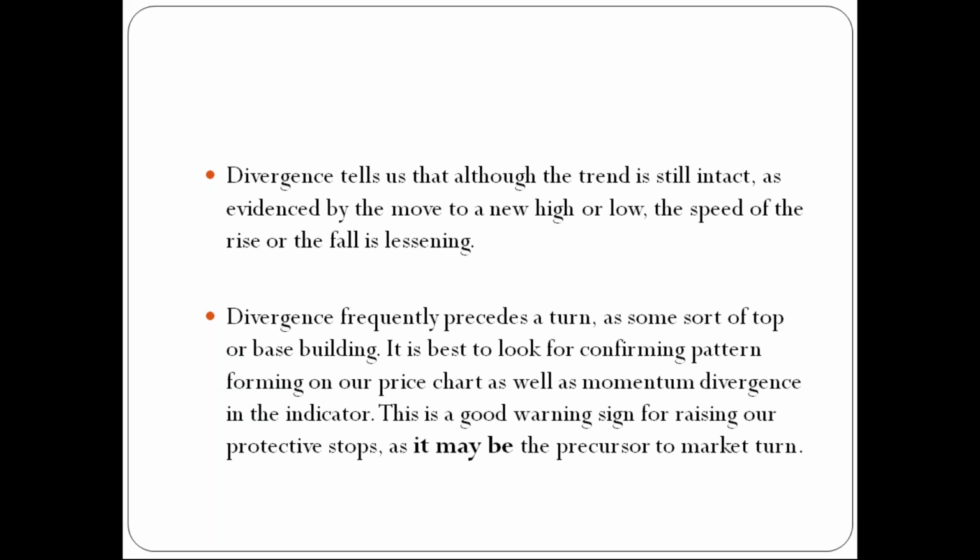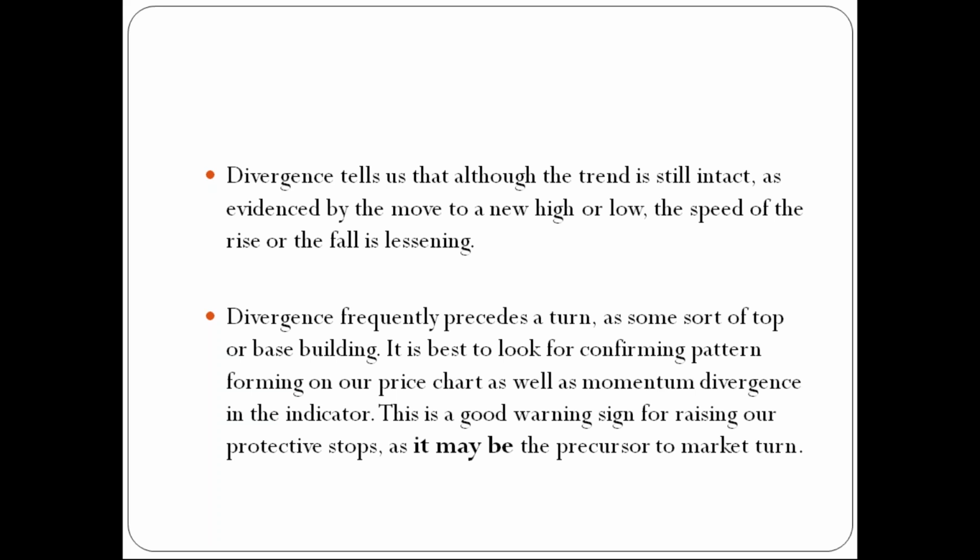It can so happen that when the price makes a lower low and the indicator makes a higher low, there may be a double bottom formation in the bear market, or an inverse head and shoulders, or a triangle building up. So we have to look at our price chart as well as momentum divergence.